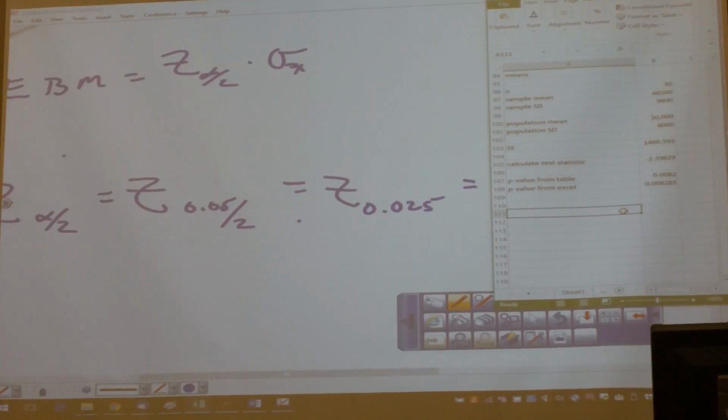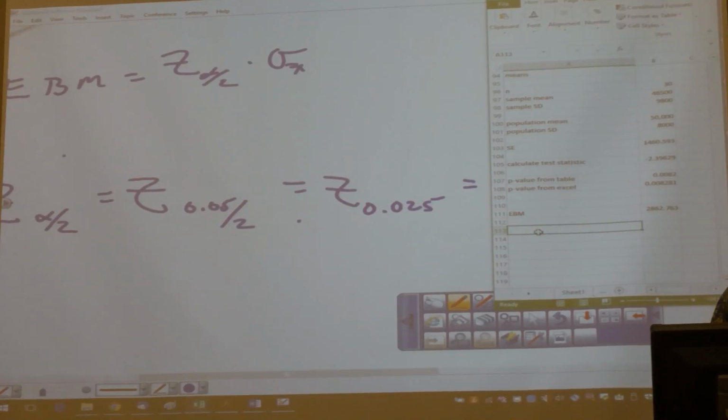So my error bound margin is going to be 1.96 times my standard error, divided by the square root of n.